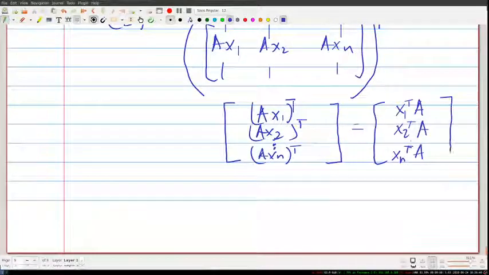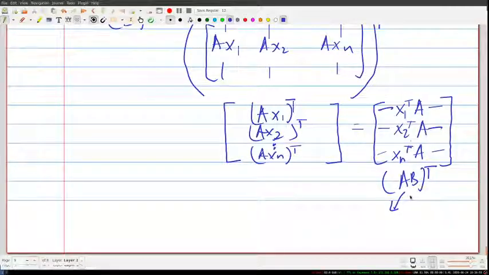And the last bit I'm going to leave to you. This is what we got for AB transpose. So these are now the new rows of AB transpose, and I want you to check that you can get the same notation for B transpose A transpose.